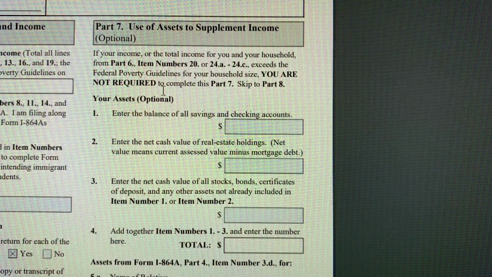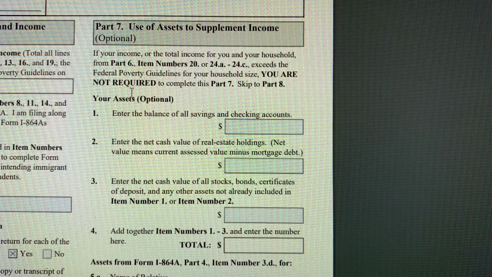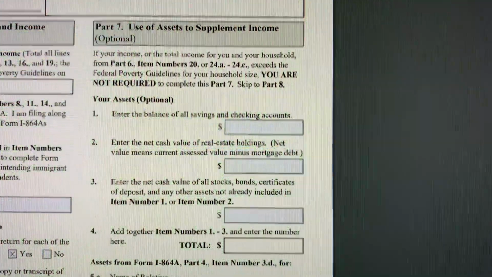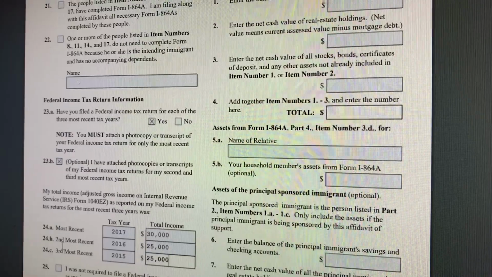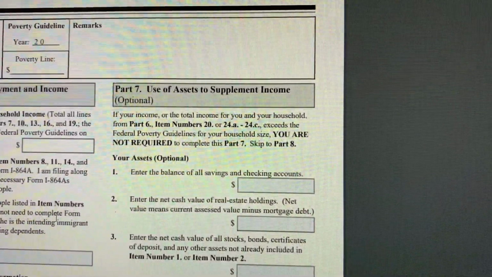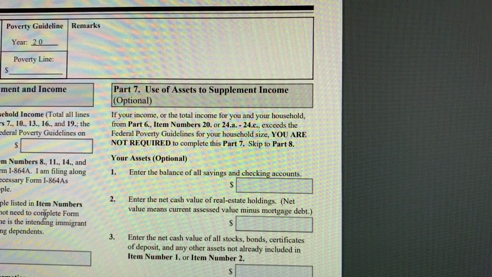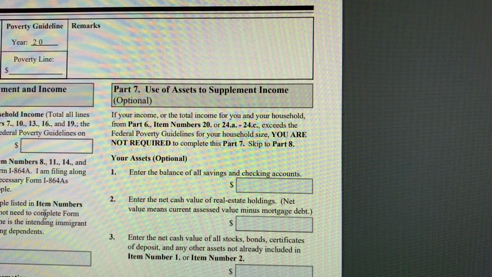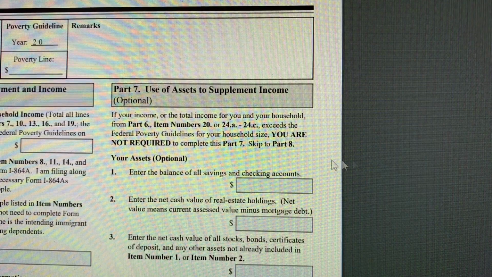If the total income for you and your household from part 6, items number 20 to 24A, 24C exceeds the federal poverty guidelines for your household size, you're not required to complete this part 7. Skip to part 8. So just read this carefully, guys.